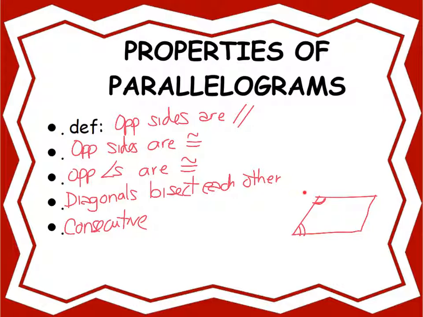But if you look at the whole parallel lines cut by a transversal, these are same side interior. Okay, same side interior angles are supplementary. So we say that the consecutive angles in a parallelogram are supplementary. So we have all these different properties that we can use to find out extra information. So that's what we're going to focus on today, getting familiar with these properties.